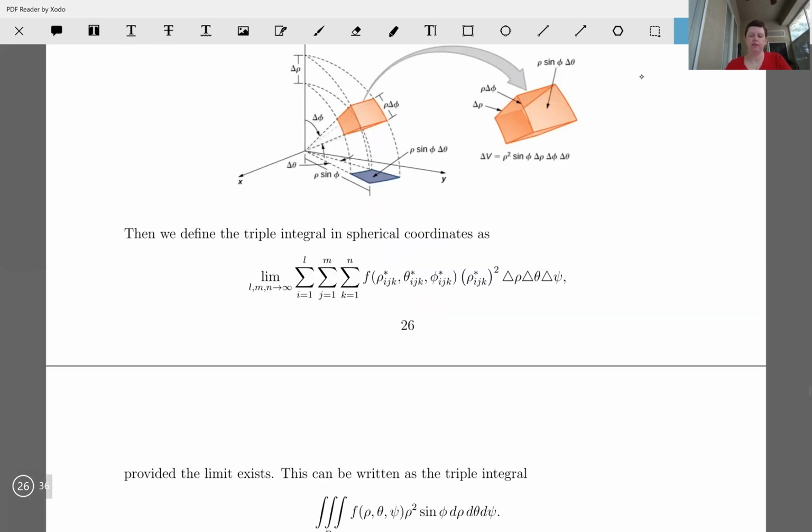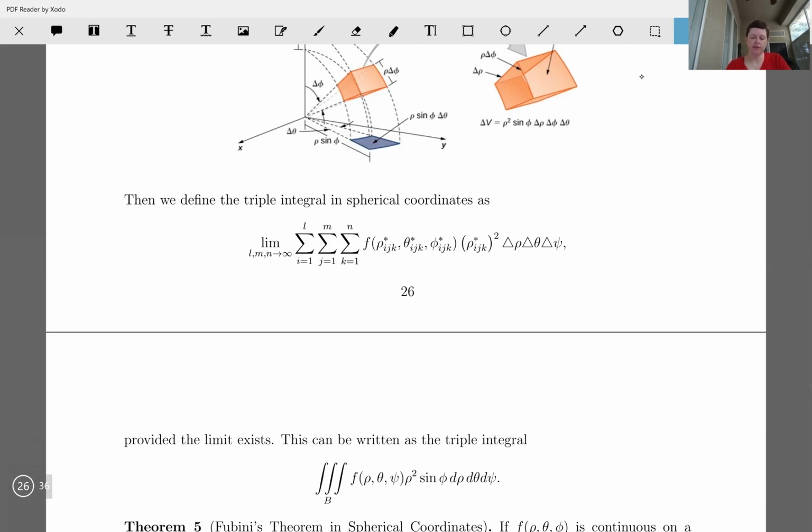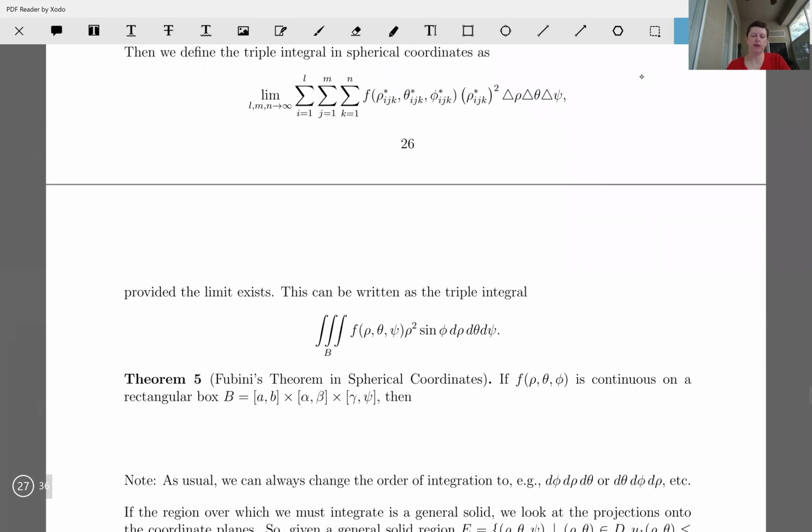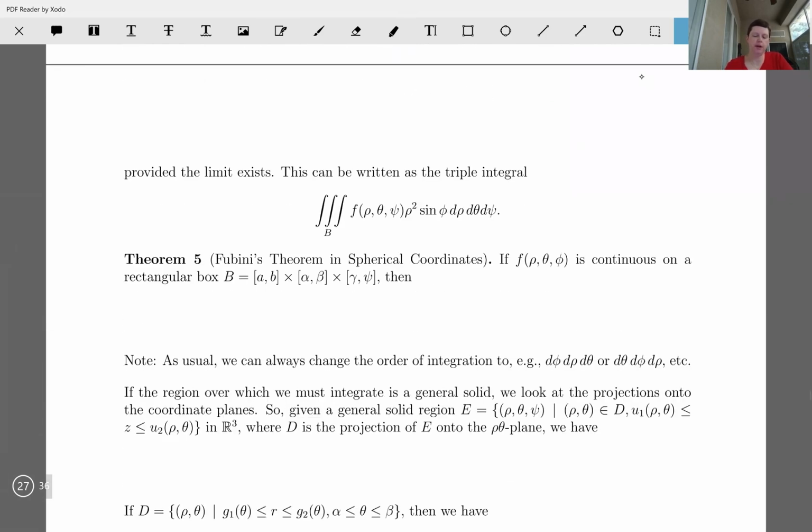Because delta V is going to be rho squared sine phi delta rho delta phi delta theta, as we can see from the drawing. Provided this limit exists, this can be written as the triple integral over our box of f of rho theta phi times rho squared sine phi d rho d theta d phi.